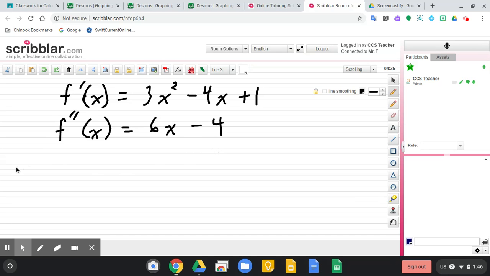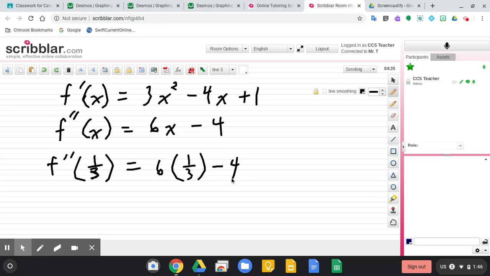I have 2 x values to test. The first one was f double prime of 1/3. If I substitute 1/3 in, that will be 6 times 1/3 minus 4.